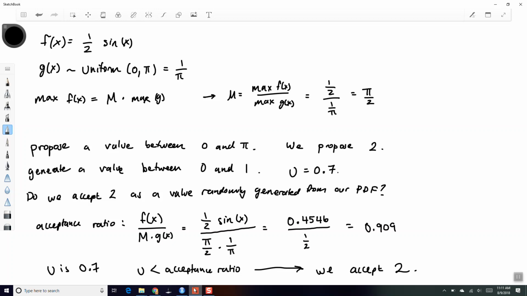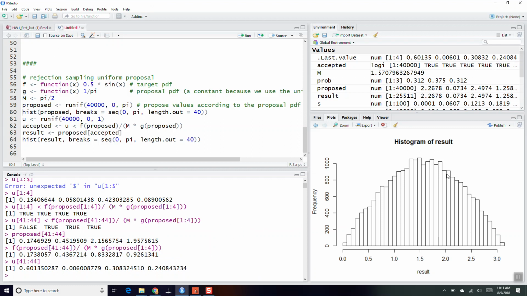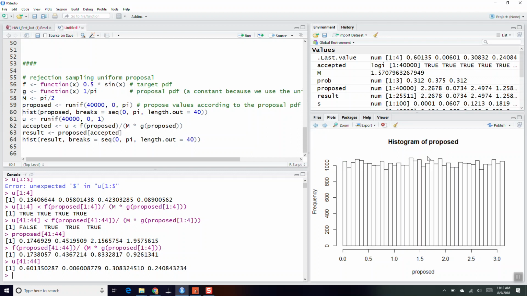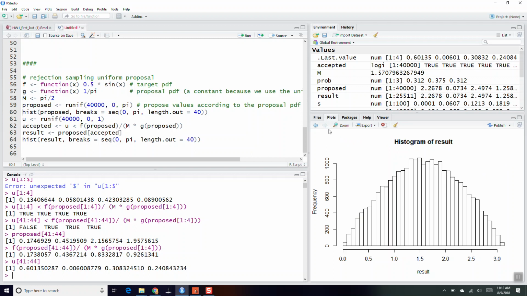And if we look at our picture, we can see how often values like this are proposed versus rejected. It doesn't happen all that often. We propose all of these values on a uniform interval, but then if we look at whether or not we should accept or reject them, we can see that values in this region are not rejected very often.